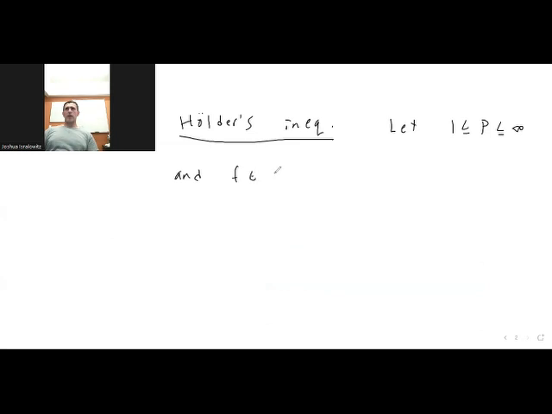So let's say f is in L^p of E, g is in L^q of E, and E is, of course, measurable.